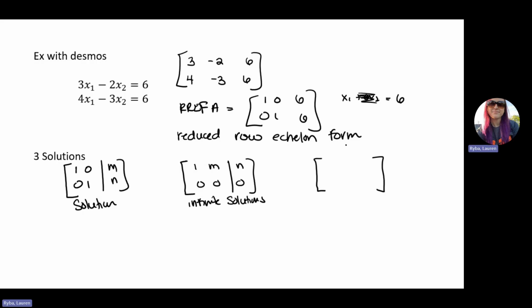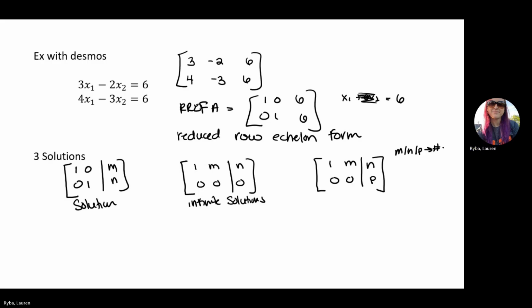Okay, if the top row looks just the same as the last one, however, the bottom row says 0, 0, and some other number p. Okay, so m, n, and p, these are all representative of a number.